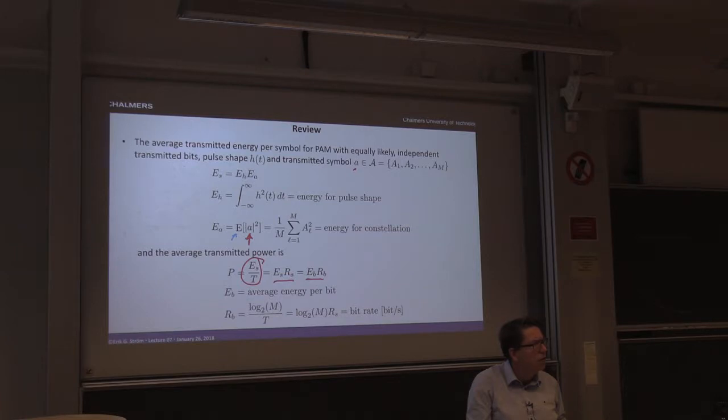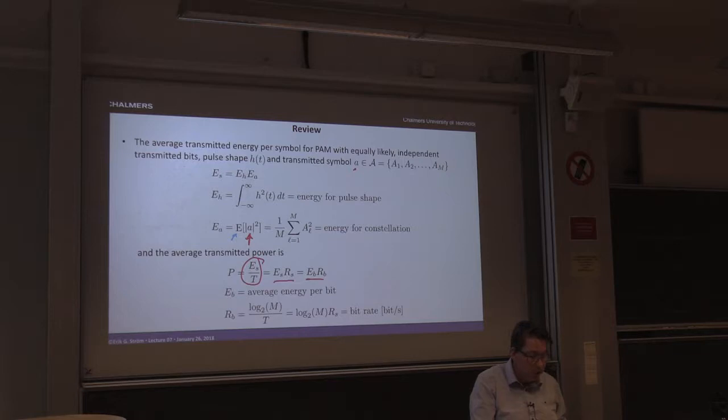We didn't show that explicitly last lecture, but it's a quick calculation because we know that RB is related to RS, or 1 over T, as log 2 of M divided by T. Log 2 of M is the number of bits per symbol. Therefore, the bit rate is the number of bits per symbol times the symbol rate, so log 2 of M times RS.